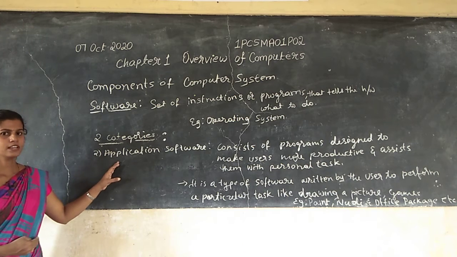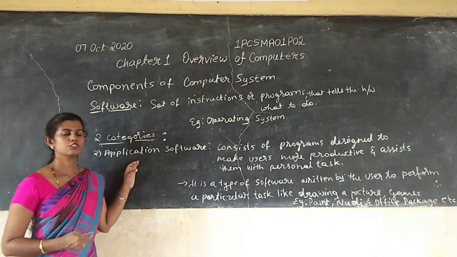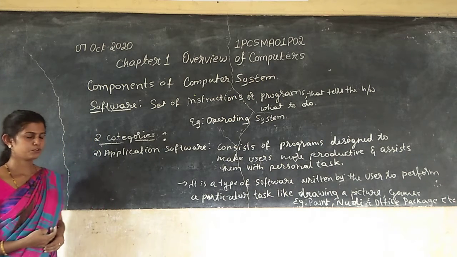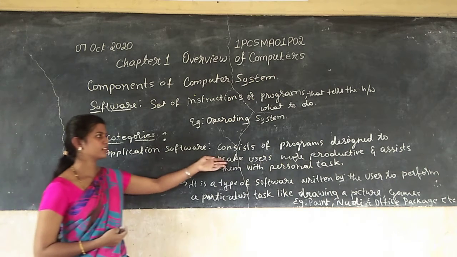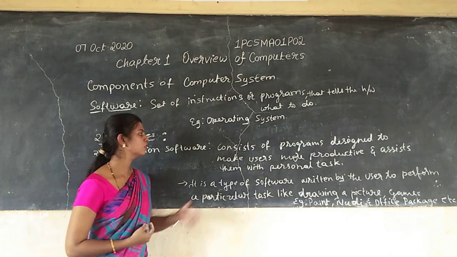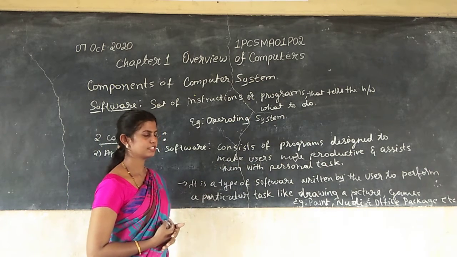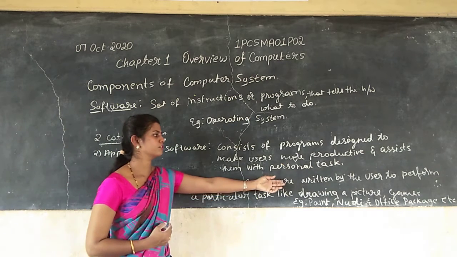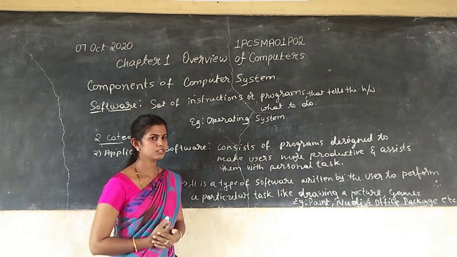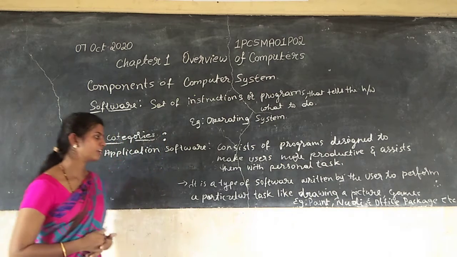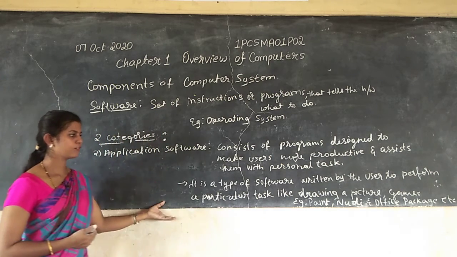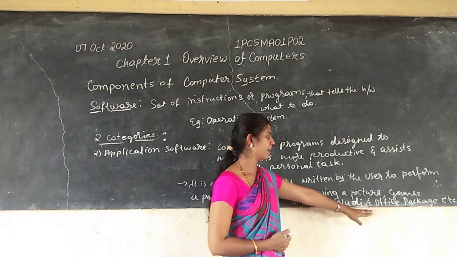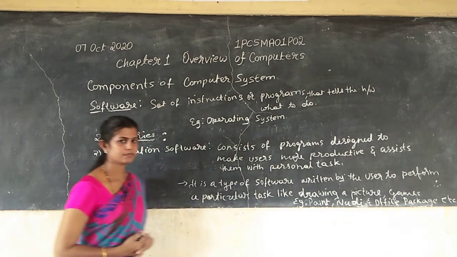System software consists of programs used to control and manage the operations of the computer, and application software consists of programs designed to make users more productive and assist them with personal tasks, written by the user to perform a particular task. Examples of application software are Paint, Nudi and office packages, etc.